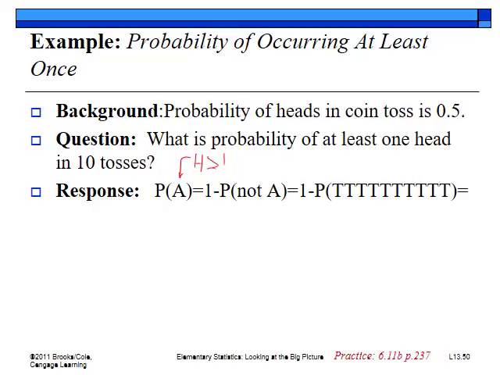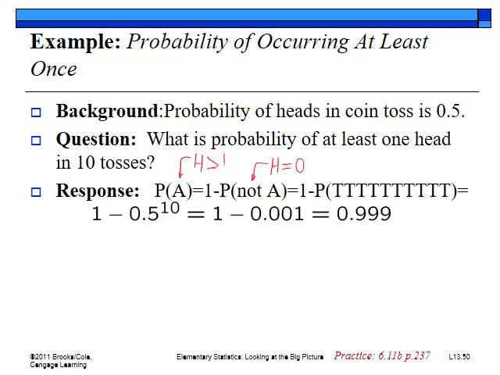That's equal to 1 minus the probability of not A. And not A would be the probability that the number of heads is 0. That means all 10 tosses, 10 in a row, have to be tails. The probability of that is 1/2 times 1/2, 10 times. That's 1/2 to the 10th. To 3 decimal places, that's 0.999 after we subtract.